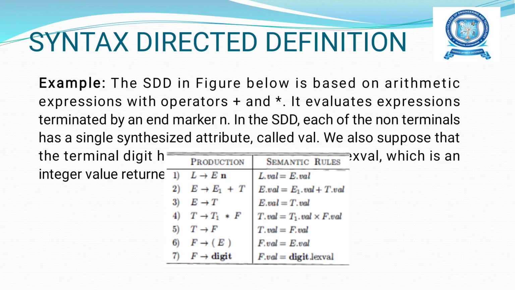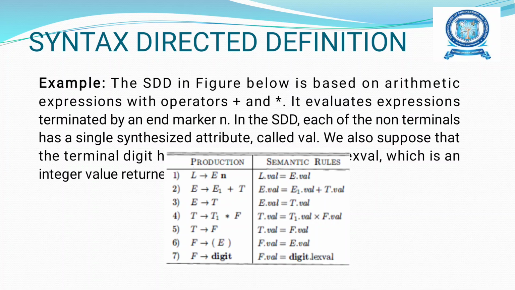which is defined by the right side expression E1 plus term. So the value to be evaluated for the left side non-terminal E is by the right side values of the non-terminals E1 and T. So the semantic action for the evaluation of the expression is E dot val is equal to E1 dot val plus T dot val.